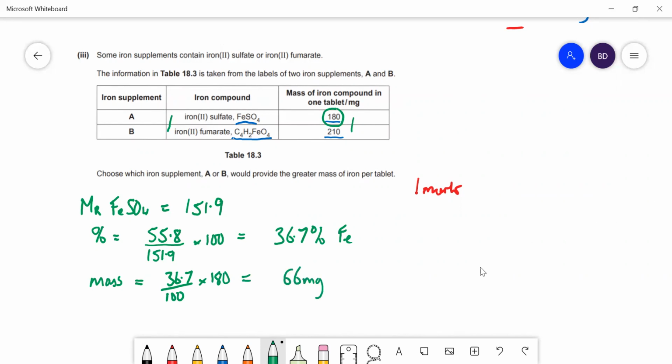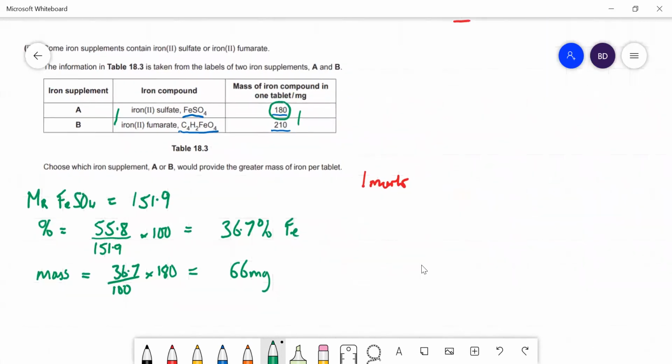And let's do the second tablet here. The same method, the MR of the iron fumarate is equal to 169.8. So the percentage of iron in that one is the mass of the iron over 169.8.